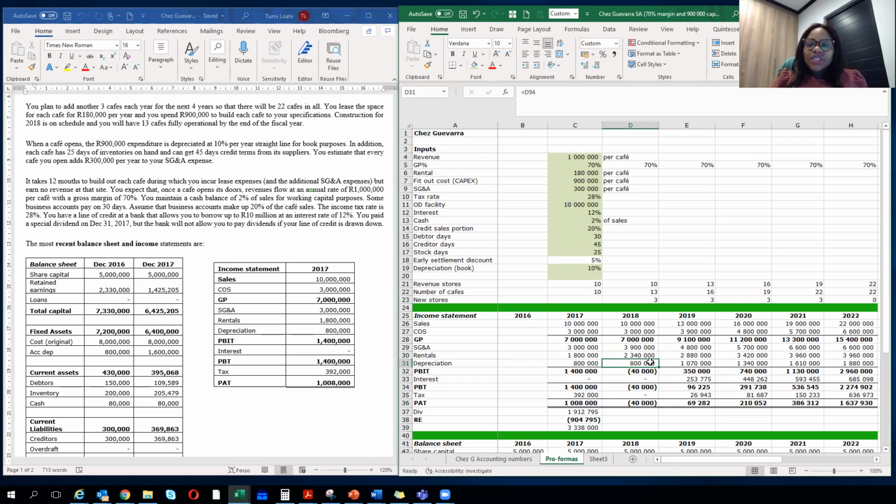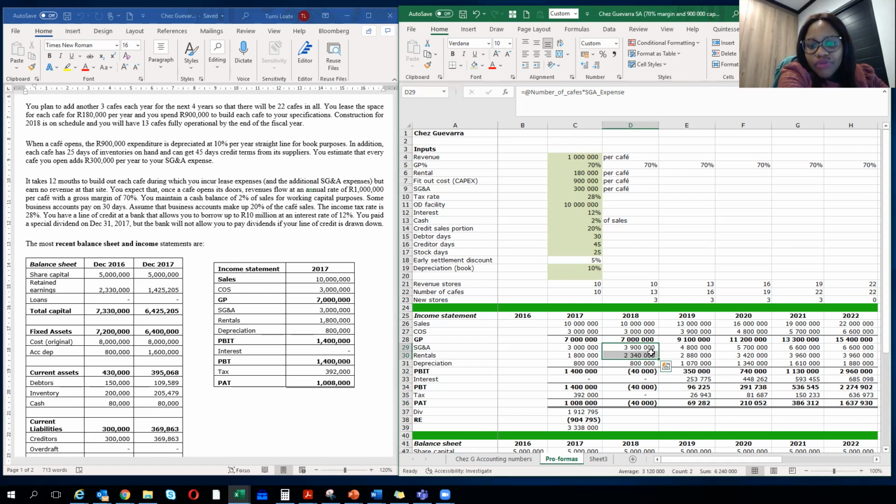So you'll notice in the 2018 period, for your income statement, we've brought in just the 2 additional costs, which is your SG&A for the 3 stores. We've also brought in the rentals of 180,000 per cafe for the additional 3 stores, and we're now sitting at a loss of 40,000.